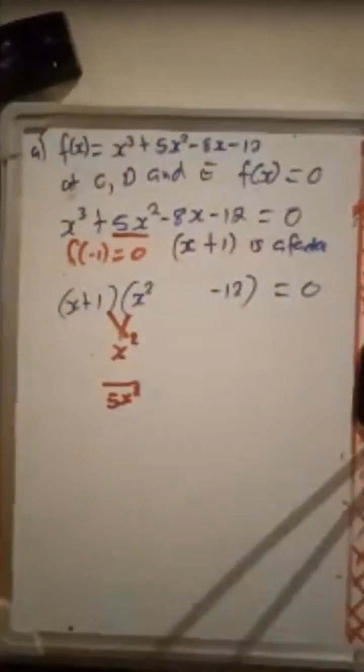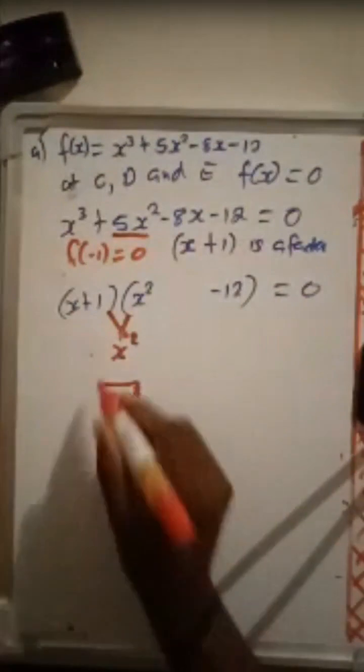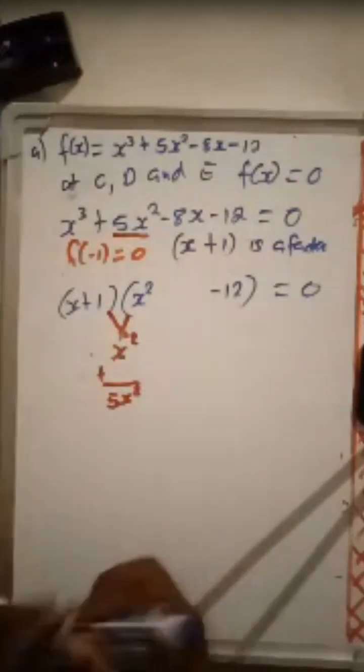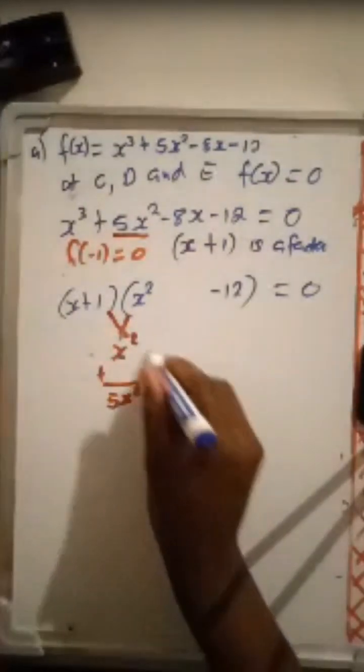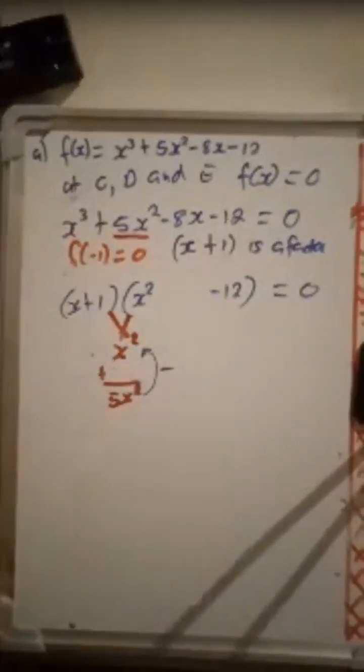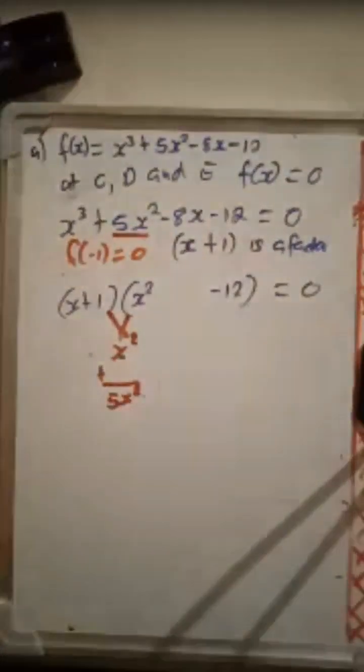So now, in order to see what I need to add to get 5x squared, this is simple. 5x squared minus x squared, what do I get? Just take this one and subtract, then you get the term that you have to get there. 5x squared minus x squared is 4x squared.